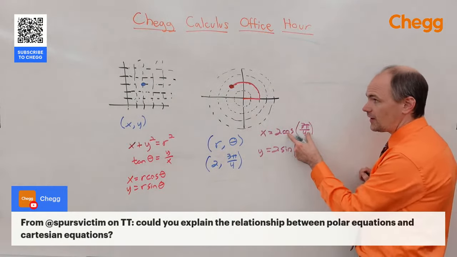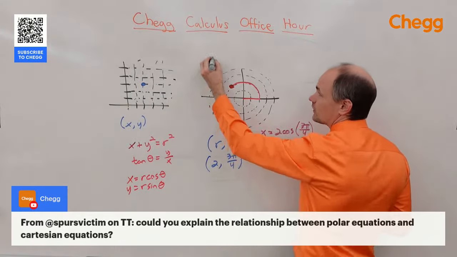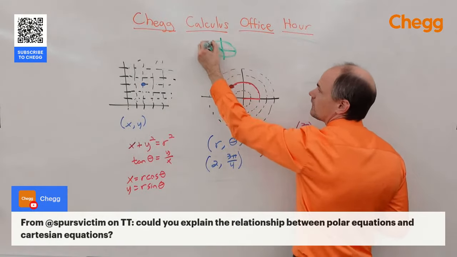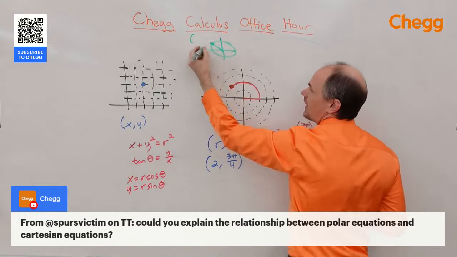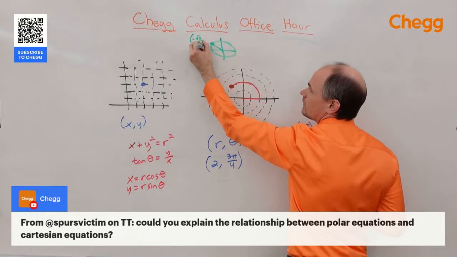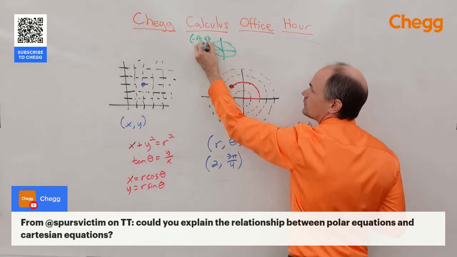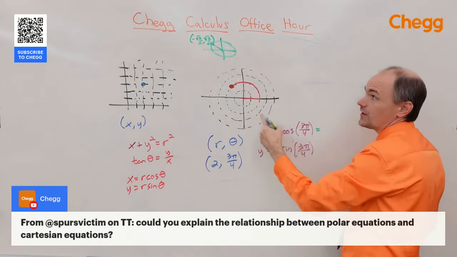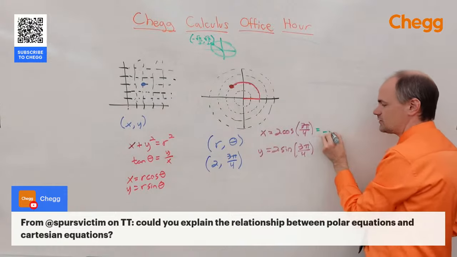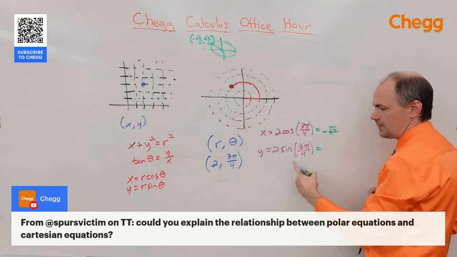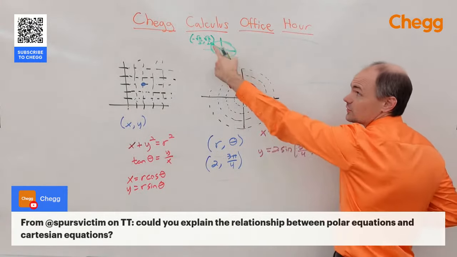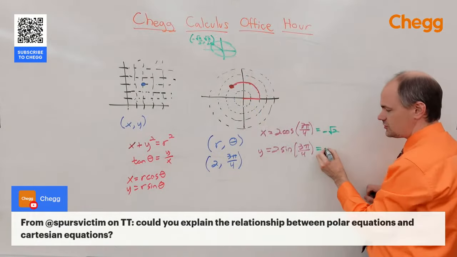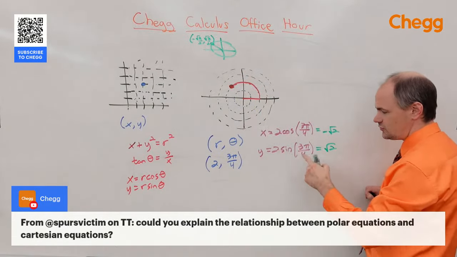Cosine of 3π/4, cosine's the x coordinate on the unit circle. We're going backwards, √2/2, and we're going up, √2/2. So the cosine, the x, is negative. When we multiply by 2, the denominators reduce out, so I get negative √2. Sine's the y coordinate, which is positive, but multiplying by 2 reduces out the 2's.